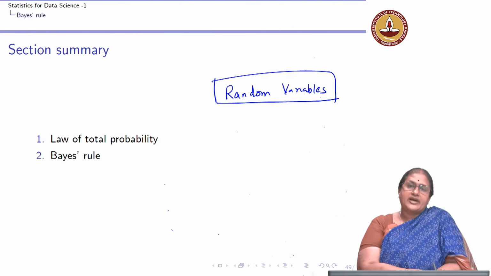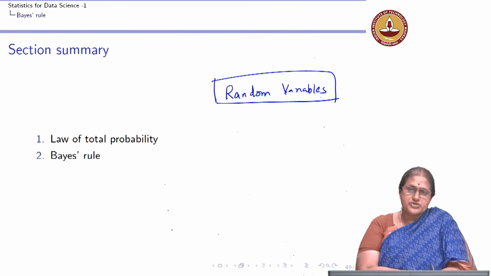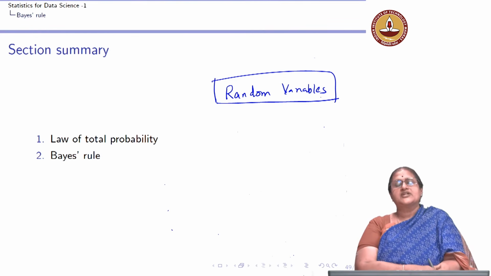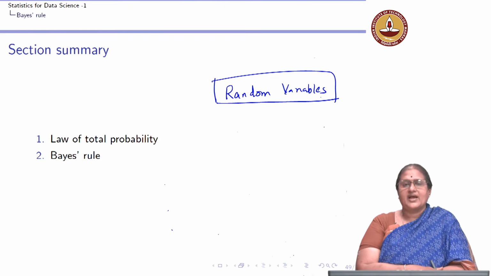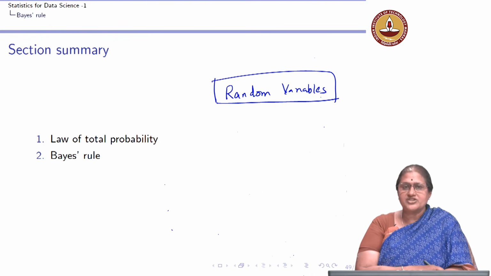When we talk about random variables, we will be introducing the notion of a distribution of a random variable, expectation of a random variable, standard deviation, the variance of a random variable and other concepts. In particular, we will be focusing on two very well known distributions, namely the binomial distribution and the normal distribution.